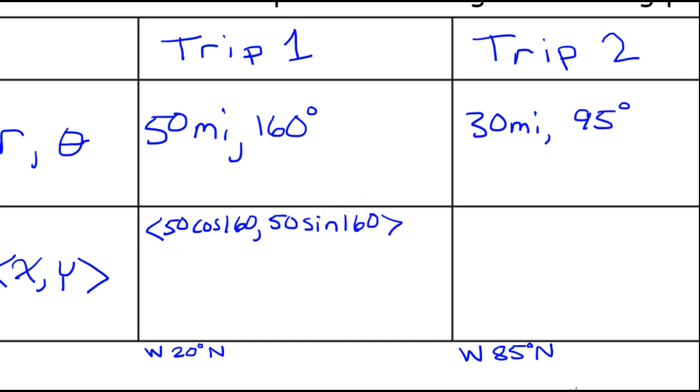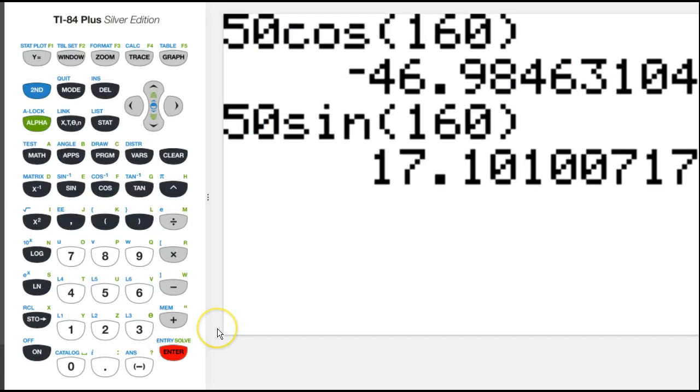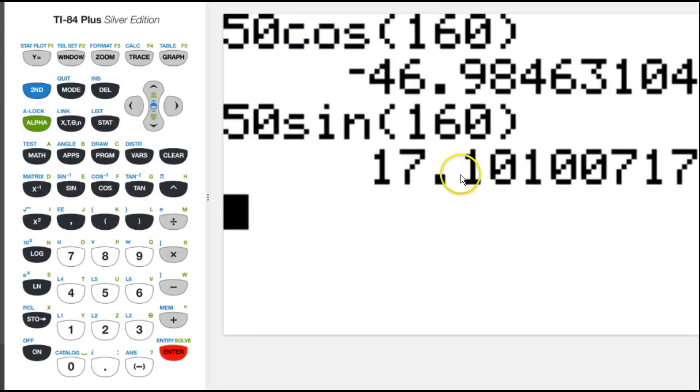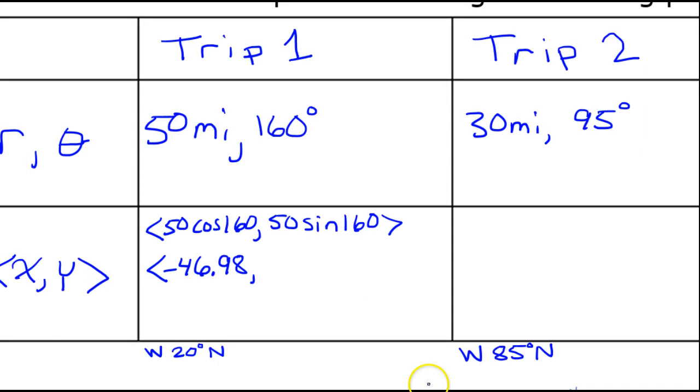So let's put this in a calculator. This is what we get: negative 46.98 and 17.10. So that's the component form for the first vector.